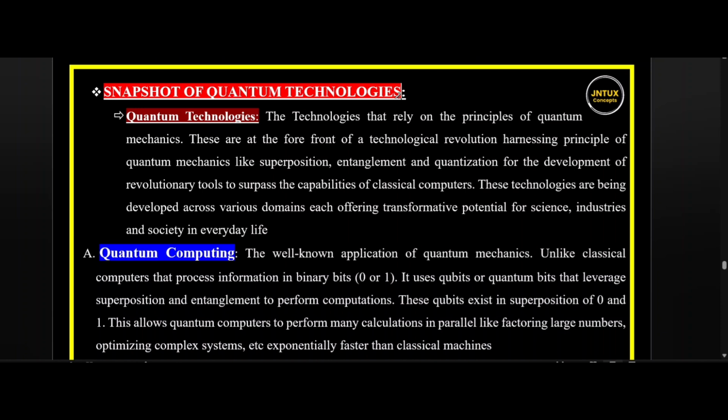Snapshot of quantum technologies. So what is meant by quantum technologies? The technologies that rely on the principles of quantum mechanics are known as quantum technologies. These are at the forefront of technological revolution, harnessing principles of quantum mechanics like superposition, entanglement, and quantization for the development of revolutionary tools to surpass the capabilities of classical computers.